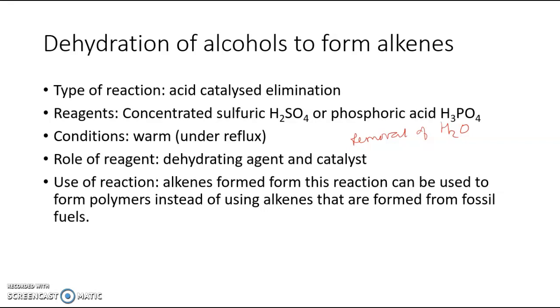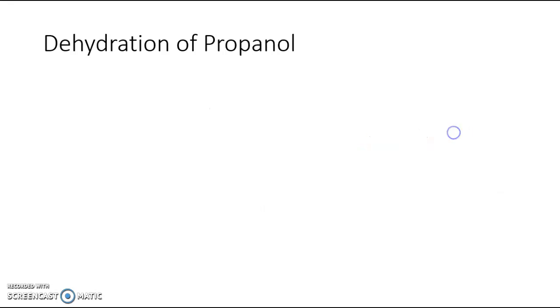So with fossil fuel, you'll do fractional distillation to get the different fractions. The longer hydrocarbon chains can then be cracked, and one of the products of cracking is alkene. And alkenes are then used to prepare many important products, and one of those is polymers. So this reaction is another way of producing alkenes without relying on fossil fuels.